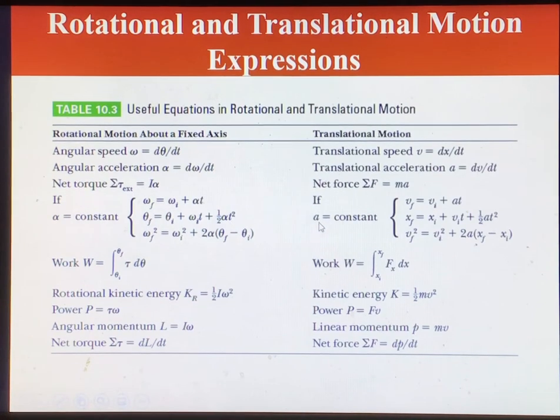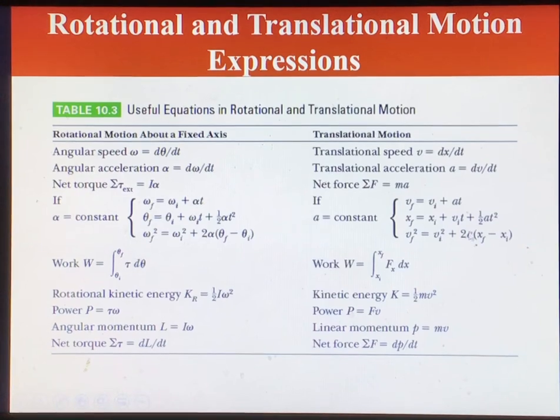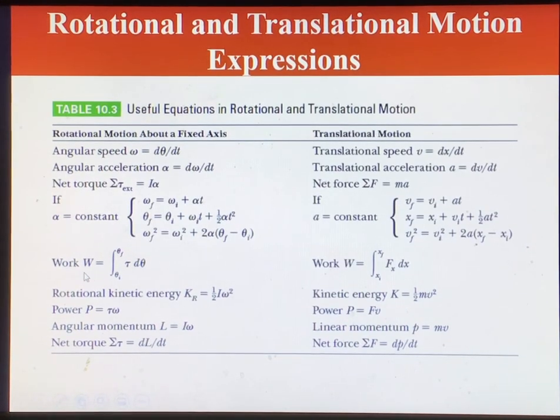Also, if the acceleration is constant, I can write down all these equations right here. Then I can calculate the work done. So the work done is the integral of the torque times d theta. The work done here is the integral of force times dx. The rotational kinetic energy here is equal to 1/2 times the I value times omega squared. The kinetic energy here is 1/2 m times v squared.